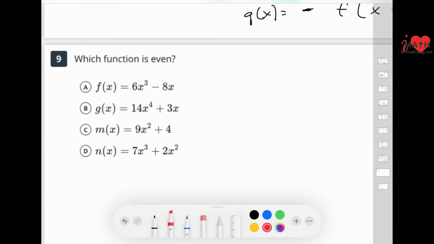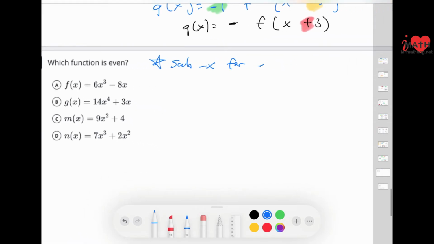You could graph this, but we're meant to do these without a graphing calculator, so I'm not going to graph those. This is the problem where it's f of negative x for every x. Basically what this is testing for is symmetry. Test for symmetry algebraically.